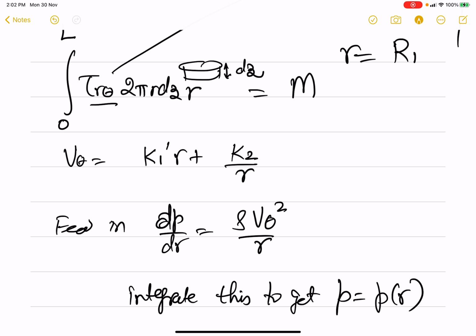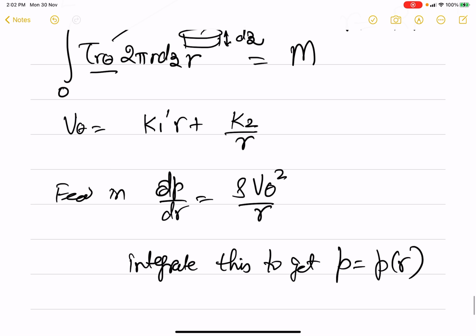And clearly it will not be rho v theta square log r, but it will be some other function which you can easily integrate and get. So this is how I've done this problem, to give you an example of a problem in cylindrical coordinates.